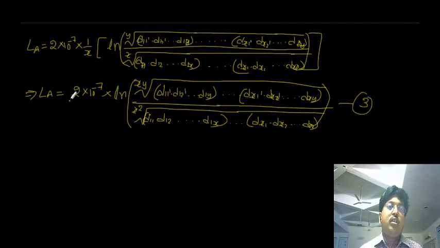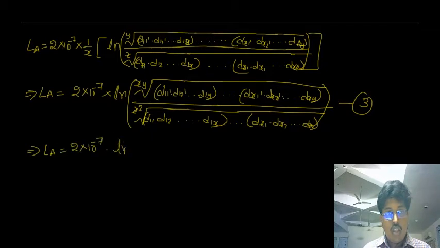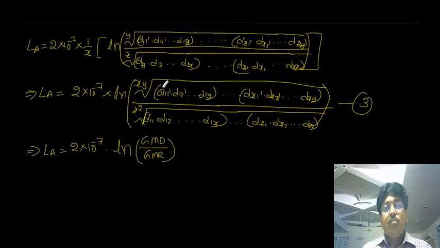So this is the inductance of conductor A. Similarly, we can obtain the inductance of conductor B. Let this entire denominator term of the logarithm be assumed, as I have to substitute, 2 into 10 power minus 7 into logarithm of GMD by GMR. The numerator of this term is GMD and the denominator term is taken as GMR.